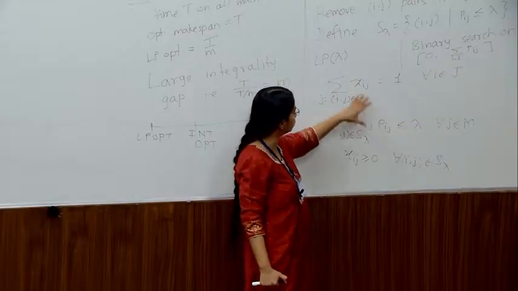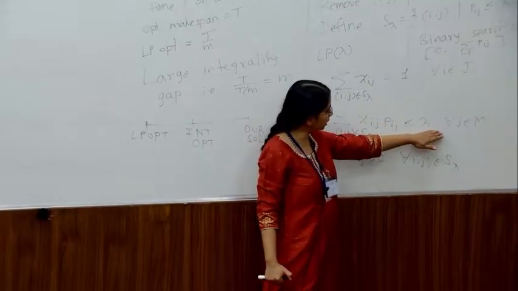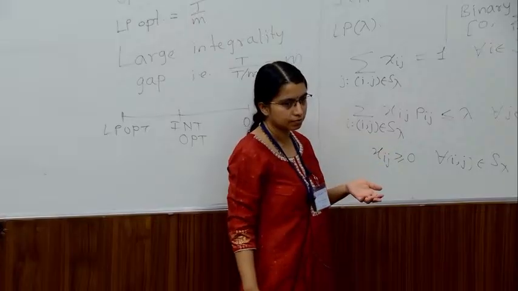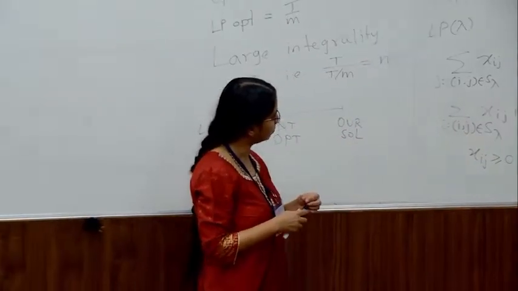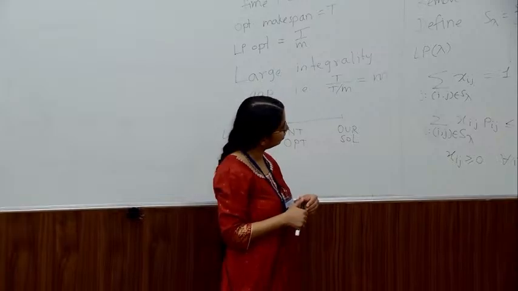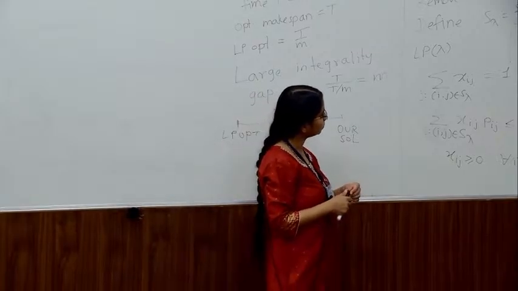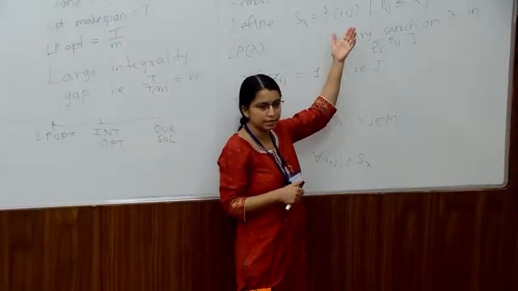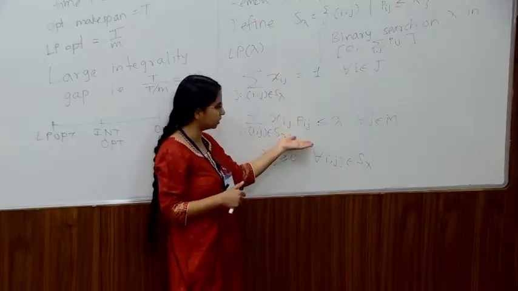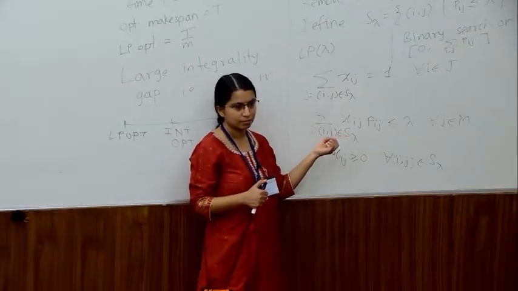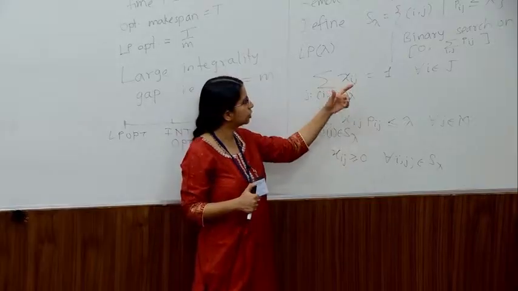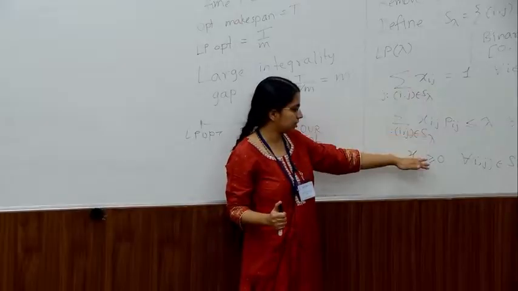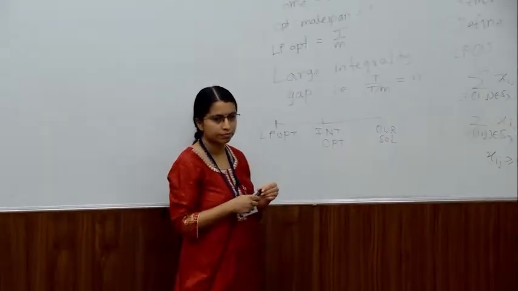If you have a feasible solution for a particular value of lambda and you increase the lambda value, the same solution remains feasible. Is that entirely true? Because if I increase lambda, my set could grow larger and my left hand side could be summing over more elements. Sure, but the new variables that appear, you can just set them to 0 and all these constraints will be met. Every job is getting assigned, right. So even if new variables appear, you can just set them to 0 and that will give a feasible solution for the constraints. Thank you.